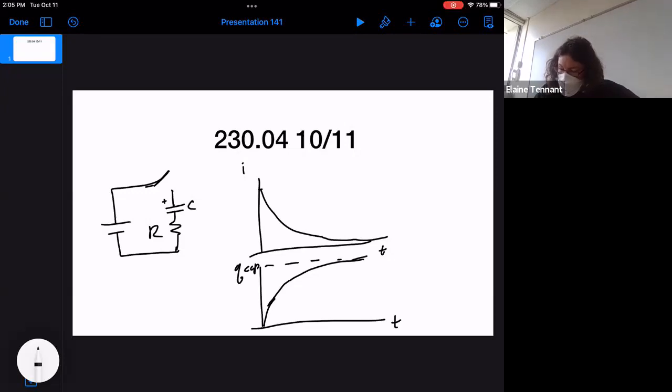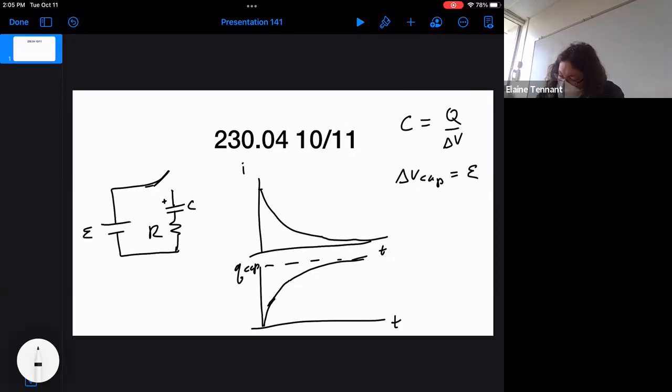which you reach when your voltage across the capacitor has reached the voltage of the battery, because that's how much you can charge this capacitor hooked up to this particular battery.